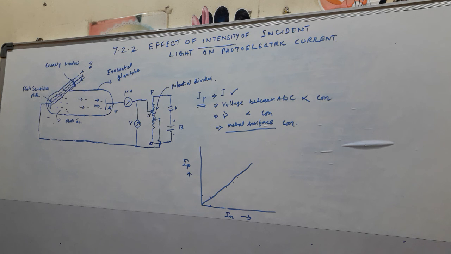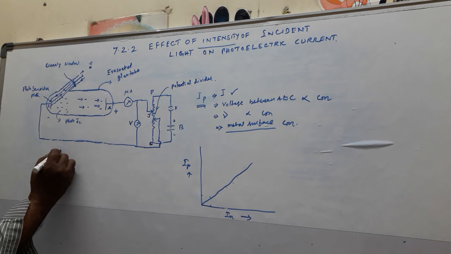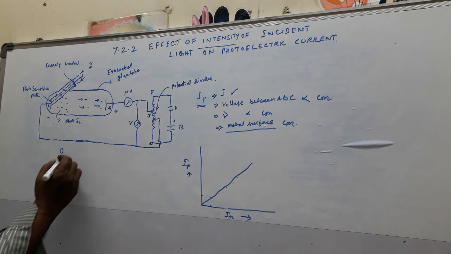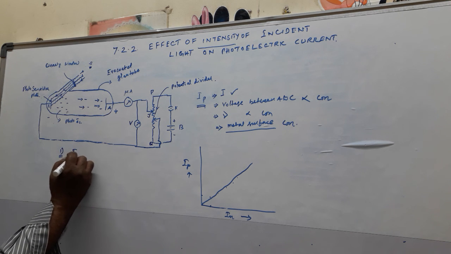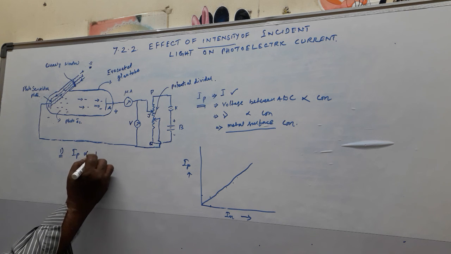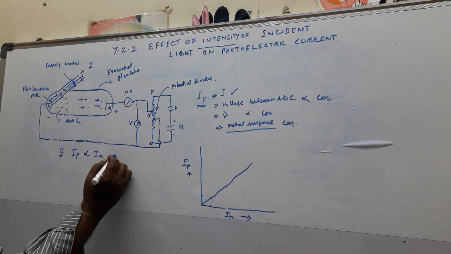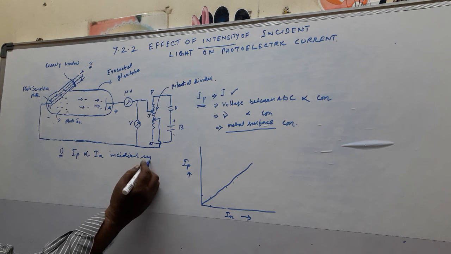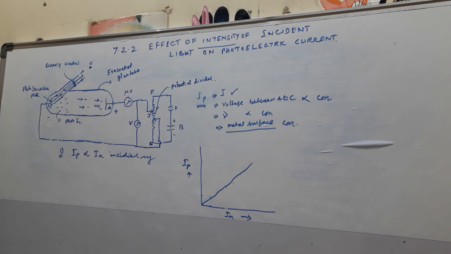Now, one conclusion here is the most valuable conclusion. Why, when the intensity is increased, is the IP correspondingly increased? What is the reason for that? The photoelectric current is directly proportional to the intensity of the incident ray.